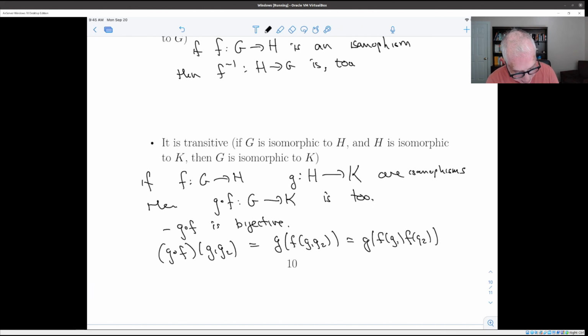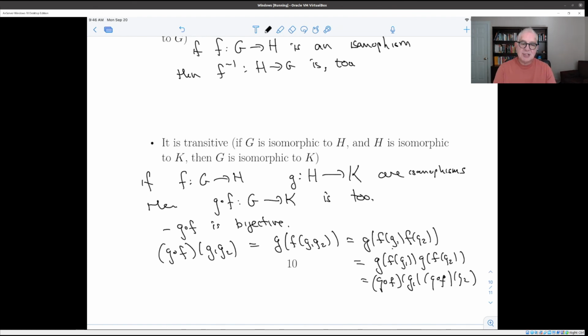And this is a product of elements in H, and g is an isomorphism, so this is g of F of g1 times g of F of g2, and that's g composed with F of g1 times g composed with F of g2. So the composition of isomorphisms is an isomorphism, and therefore the relation is transitive.